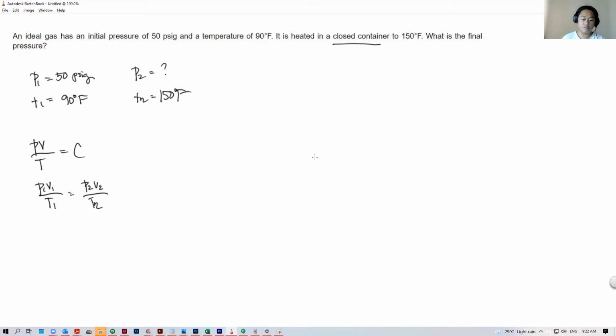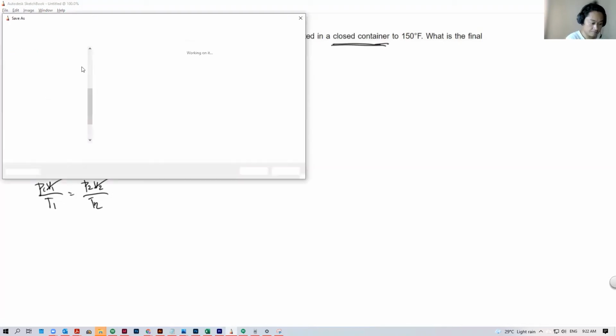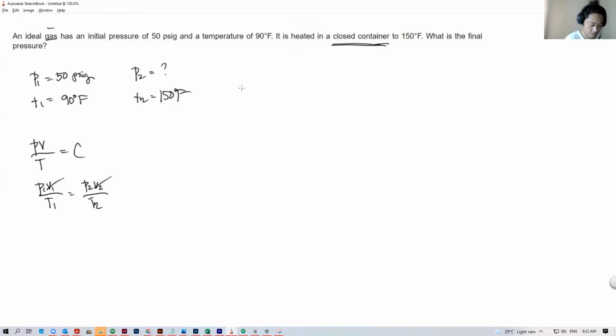The volume of the ideal gas is constant. It can't expand. It will just take up the space inside the closed container. So basically that means that V1 is equal to V2.